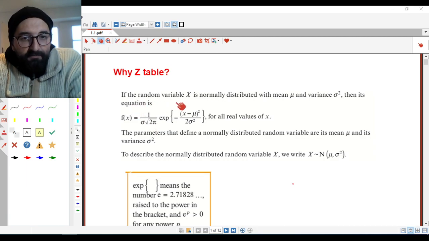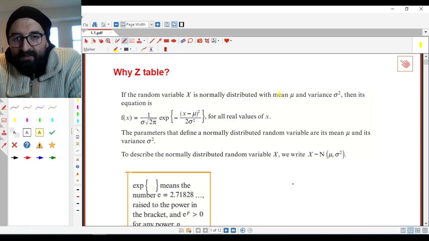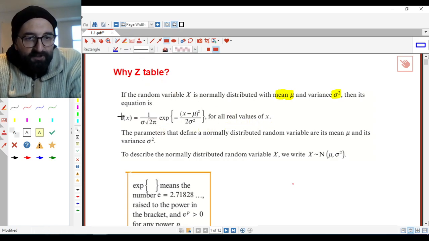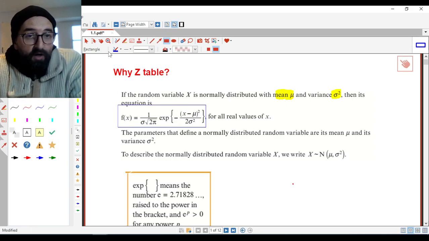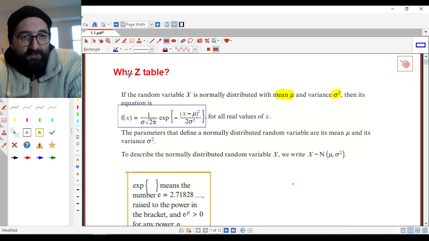If the random variable x is normally distributed with mean mu and variance sigma squared, then its equation is like this, for all real values of x. This function for all normally distributed values was found by Frederick Gauss, a German mathematician.